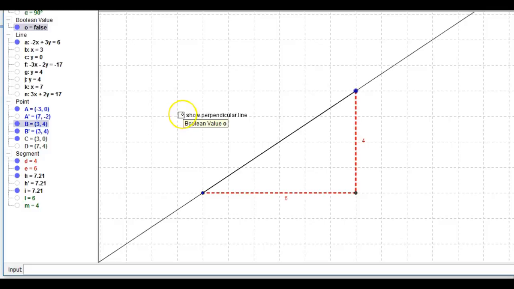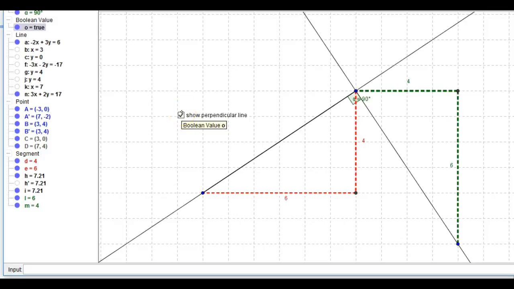Now, I'm going to put a perpendicular line in to that. You notice that the black lines now, there's one that goes off at 90 degrees. I've also put in green dotted lines that indicate the gradient of that second line, the perpendicular line. You might notice something about the rise and the run. They've actually swapped over. The run is now 4 and the rise is 6.